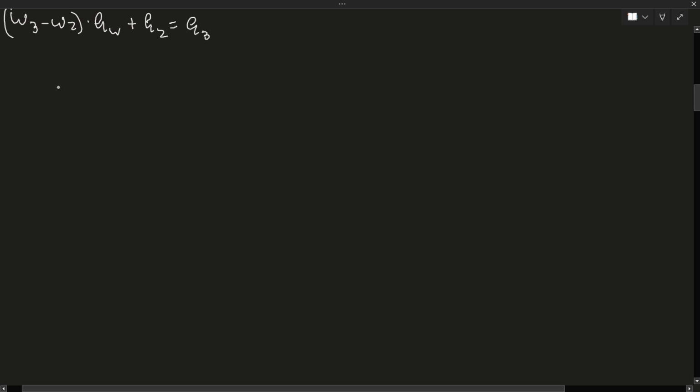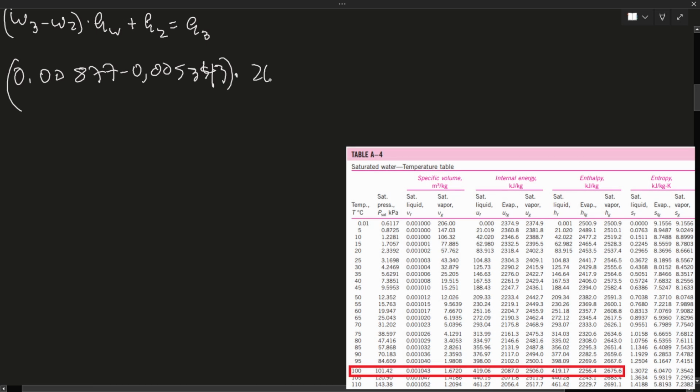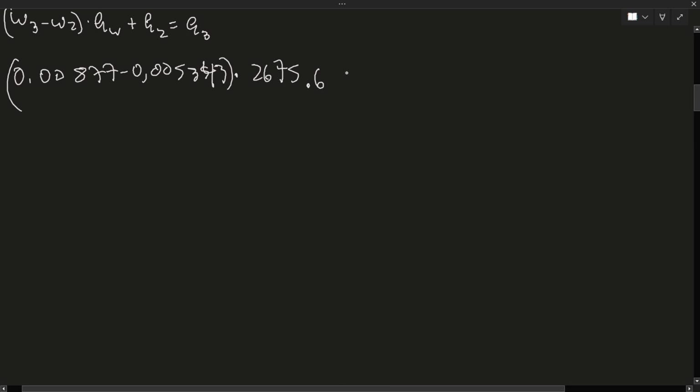All right. So plugging in all the values, 0.0877 minus 0.005343. Enthalpy of water is 2675.6, reading the tables, plus, we don't know H2, is equal to 42.4.